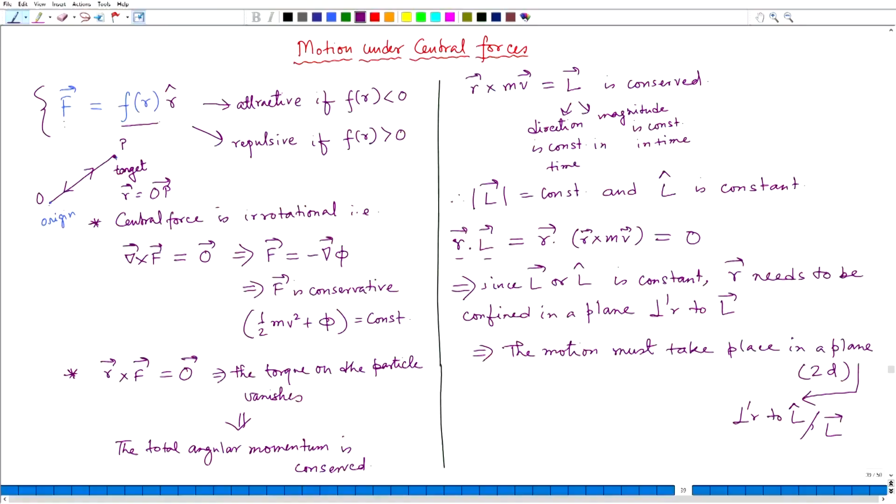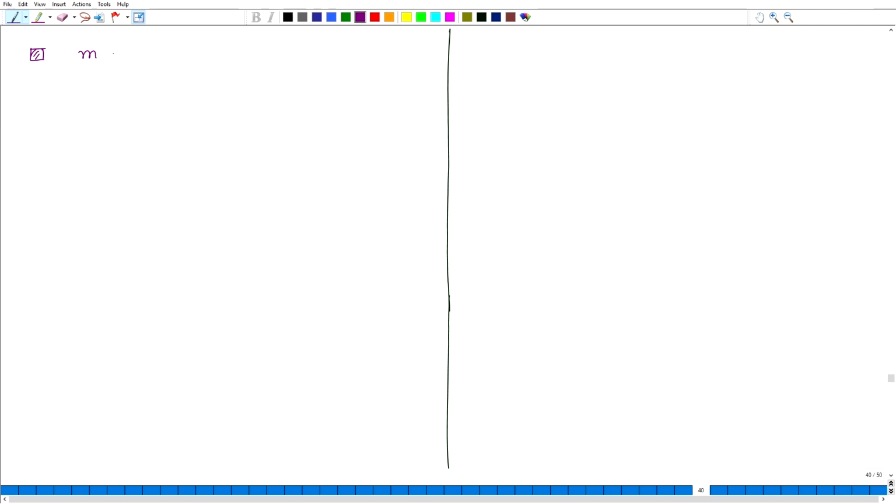Then we will do something much more interesting. We now know that Newton's law already said that m d2r/dt2 is equal to F, and here for our case F is F(r) r cap.